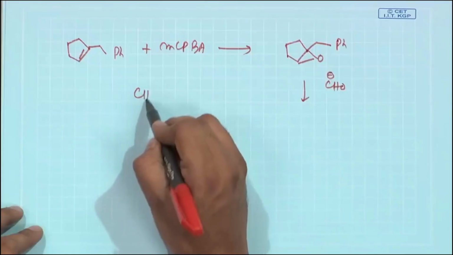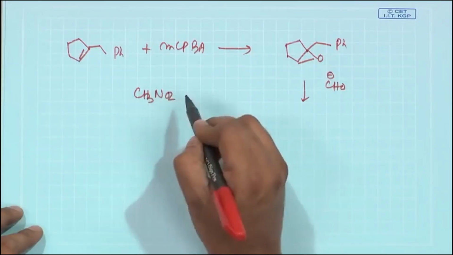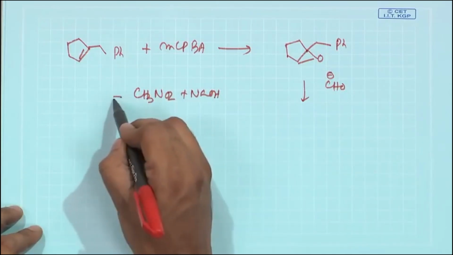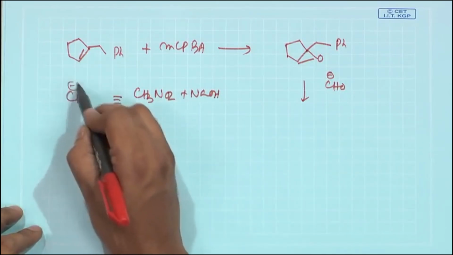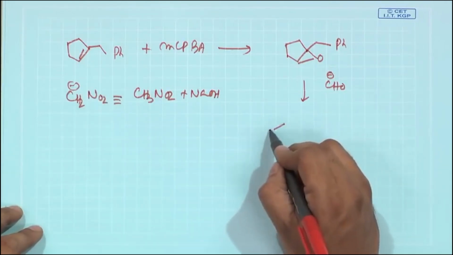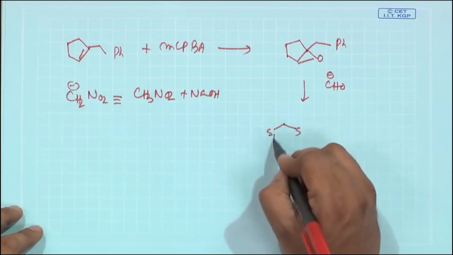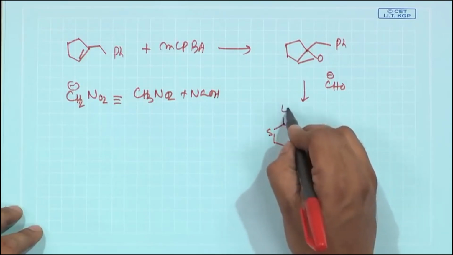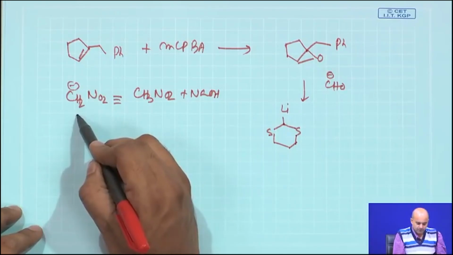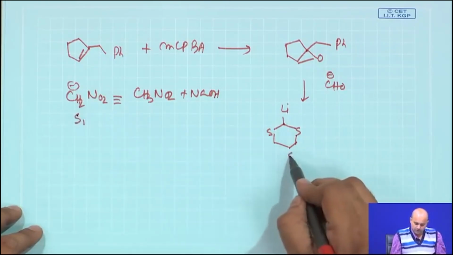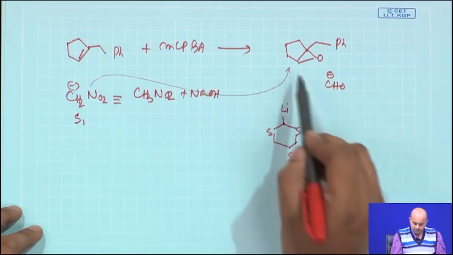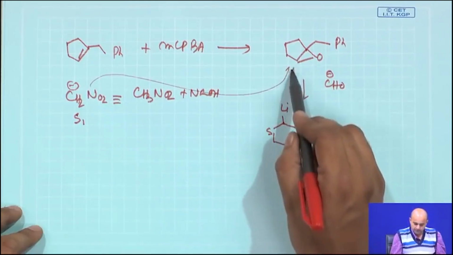So, you react either nitromethane plus sodium hydroxide, which gives you CH2 minus NO2, or take the formaldehyde dithiane, 1 equivalent, with lithium. Either of these synthetic equivalents can be reacted at this carbon as well as this carbon.